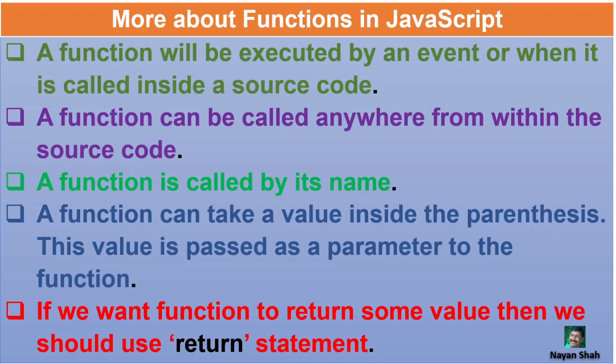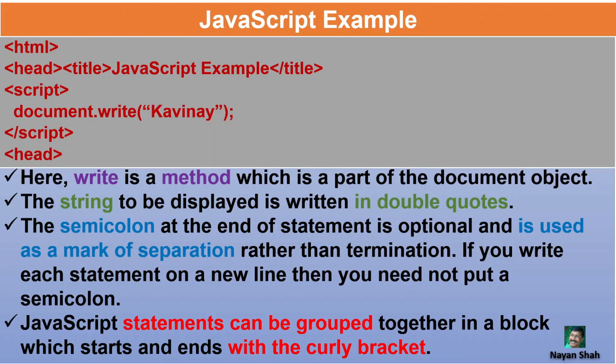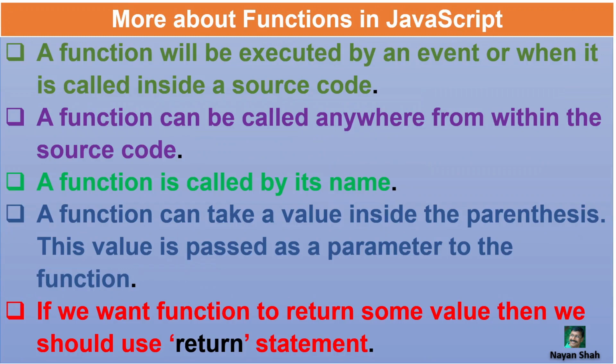A function can take a value inside the parenthesis, that is, inside the brackets. You see this function, write, is a ready-made, built-in function, and the parameter is written within the bracket. So a function takes a value inside the parenthesis. This value is passed as a parameter to the function.